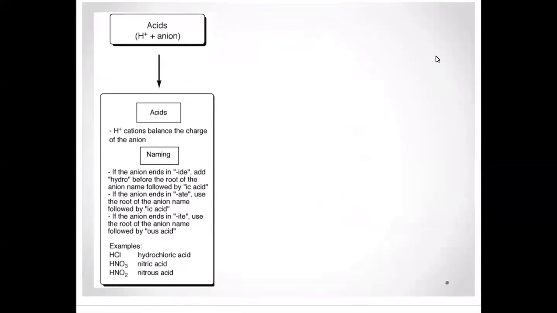But acids have a naming system. If your anion ends in "ide," we're going to add "hydro" before the root of the anion name, followed by "ic acid."